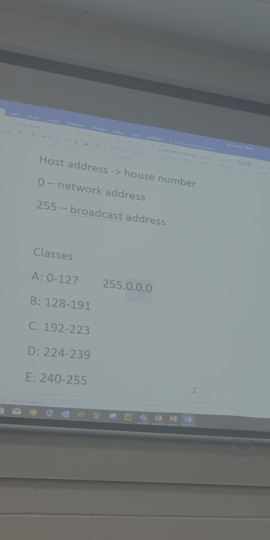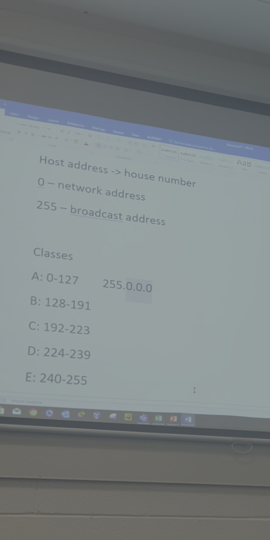So this is for a really big network. Over here, you can see where this is going, 255.255.0.0, and this one will be 255.255.255.0. Over here, this is going to be reserved for a specific type of transmission that we're already familiar with, multicasting. So with multicasting addresses, we use anywhere between 224 and 239.